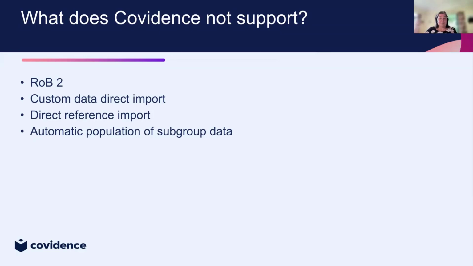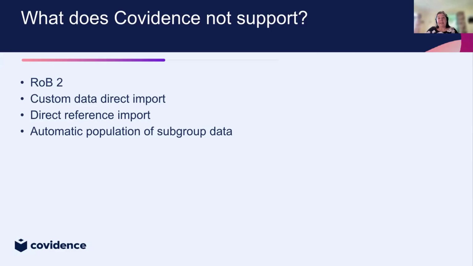As you've seen, Covidence doesn't automatically import custom data. So any additional data that you have that doesn't fit with the RevMan processes and analyses, you need to manually import into RevMan. But we will export the file for you from Covidence.